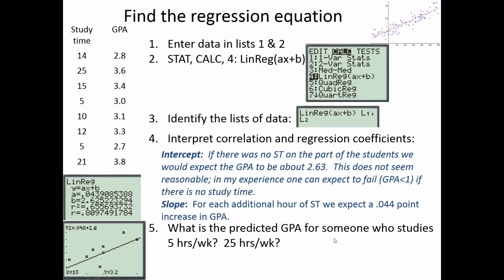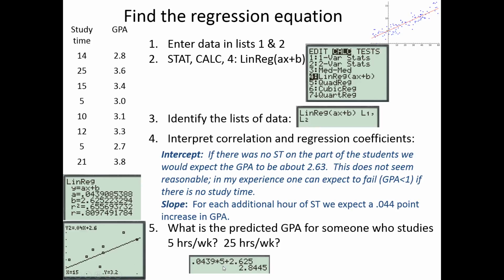What's the predicted GPA for someone who studies 5 hours per week, or 25 hours per week? Well, 5 hours per week is in the range of data, and 25 hours a week is in the range of data. There does seem to be a linear relationship here, and it seems to be fairly strong. So we can use the regression line for interpolating and approximating.